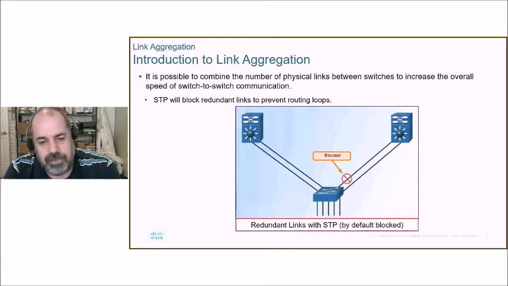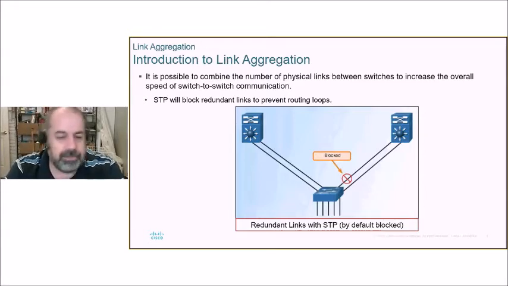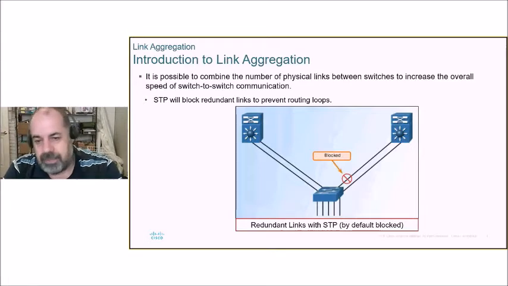That's good. You have redundancy. If the main link fails, that blocked link will become unblocked and traffic will go through, and that's very nice. But I'm going to say 99.999% of the time that primary link will be good, and so you've got that link sitting there not getting you any benefit, really, other than a bit of peace of mind.